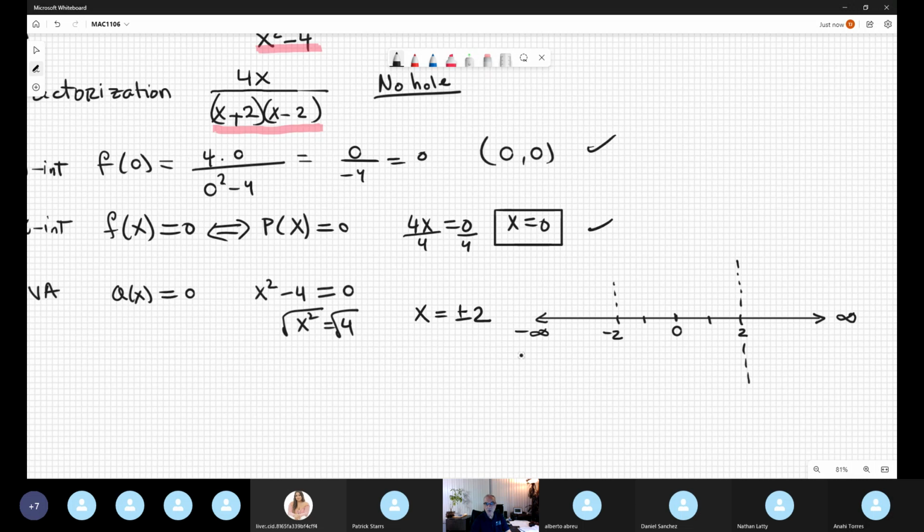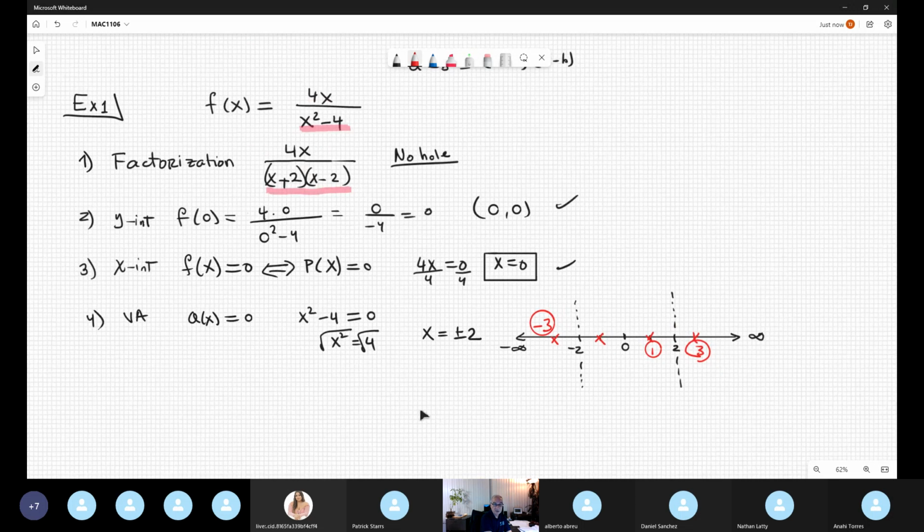I propose in step 7 that you select one point here, maybe 3, maybe 4, I don't care. Here, maybe 1, or maybe 0, or maybe negative 1. And negative 3. So basically, I need to make a decision. I want to select 3, 1, and negative 3. Okay, you reserve that value for the last moment.